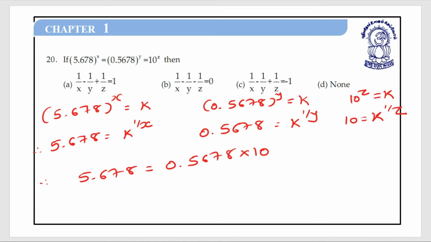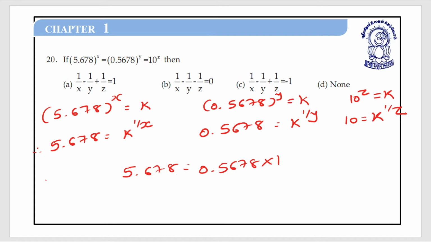If we multiply 0.5678 with 10, we will get 5.678.